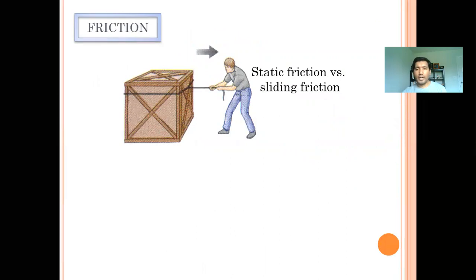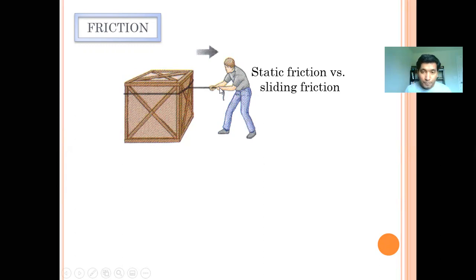Okay, so we can categorize friction into two kinds. One is static friction and another is sliding friction, right? Static means when this person is pulling this box and it has not moved yet. That is static friction. There is a frictional force. This guy is pulling this box in this direction, and the friction is pushing in the opposite direction of his pull, right?